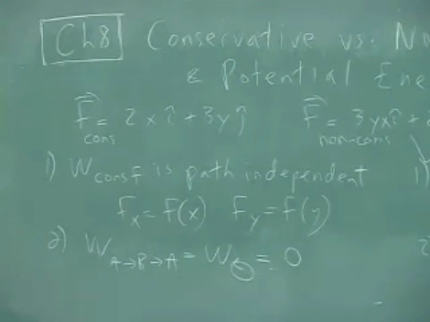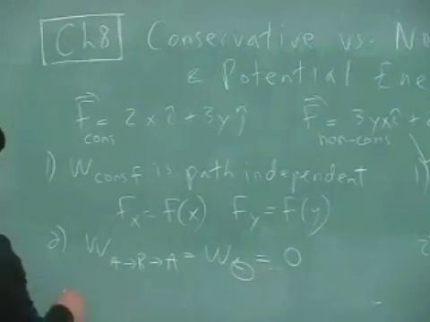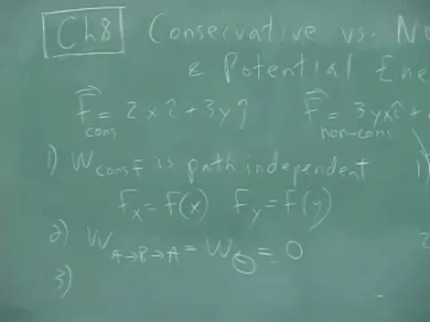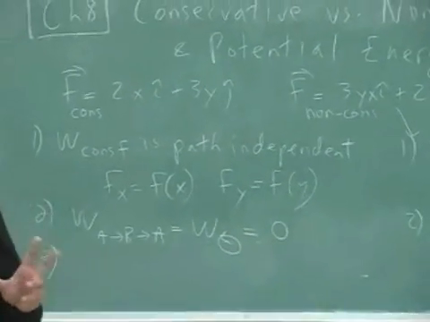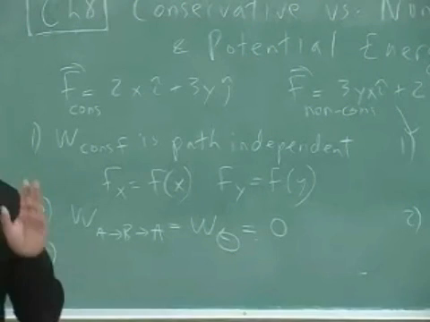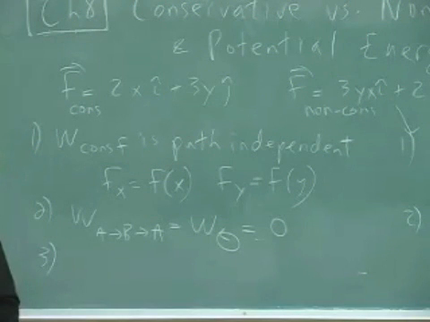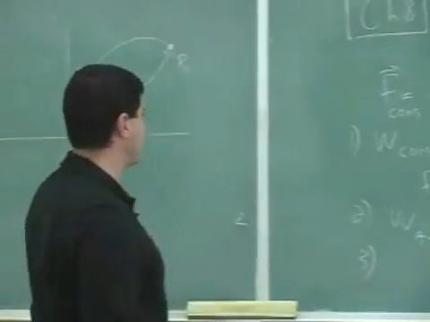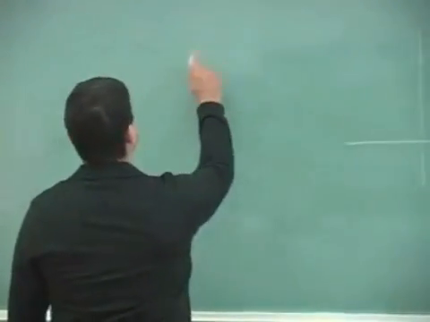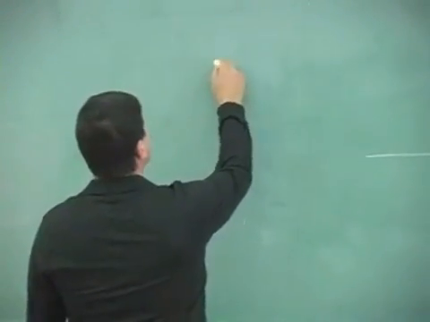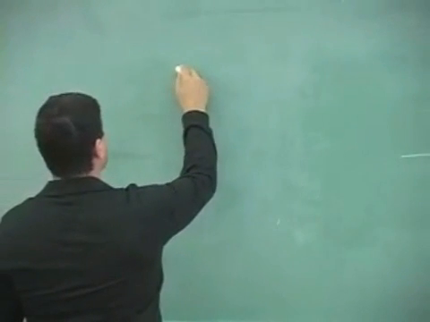Then the third characteristic is one that we're going to use from calculus. In calculus, there's a theorem that is proven. Usually you learn this theorem in Calc 3. I believe it is called Stokes' theorem or Green's theorem.